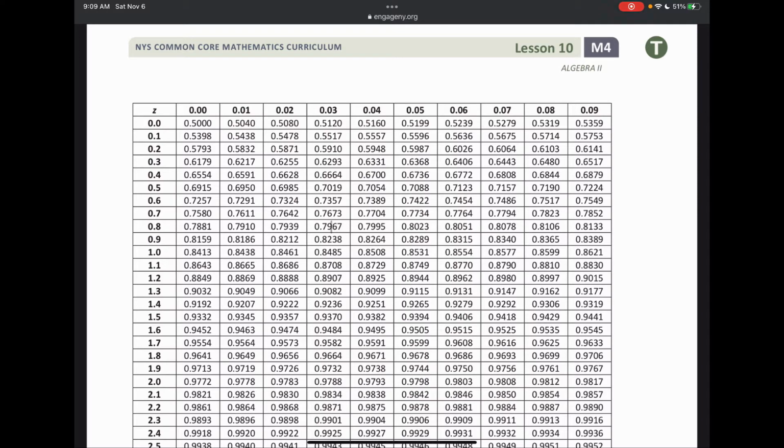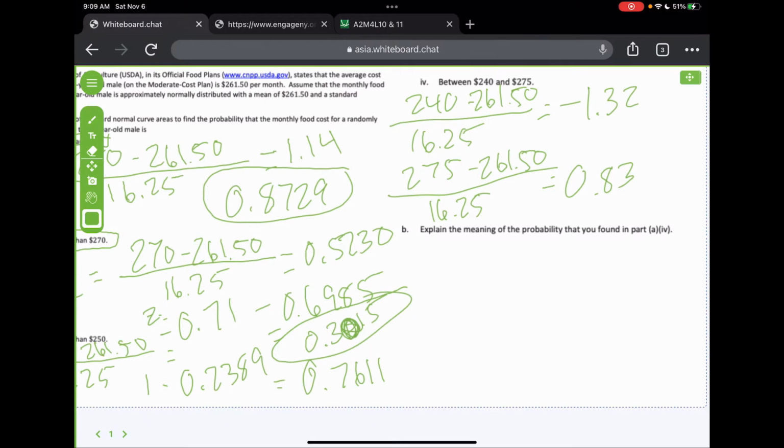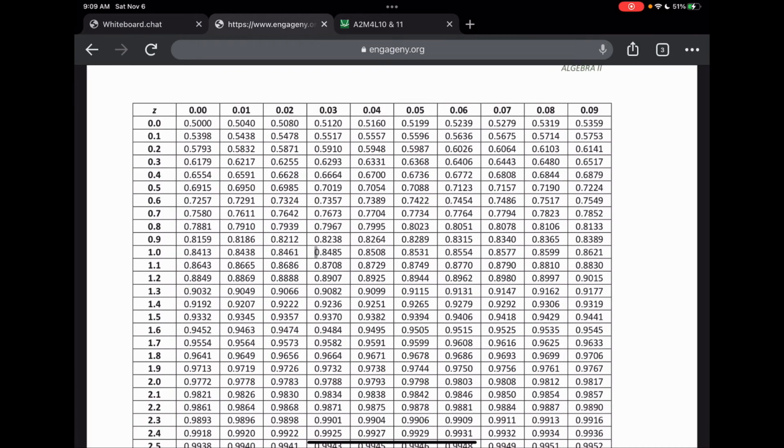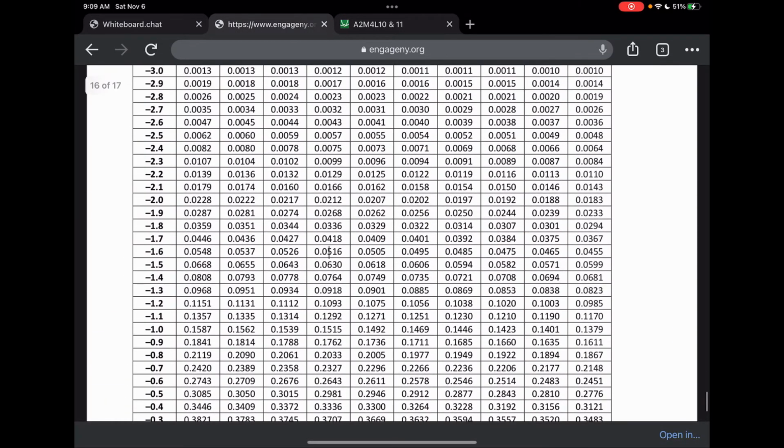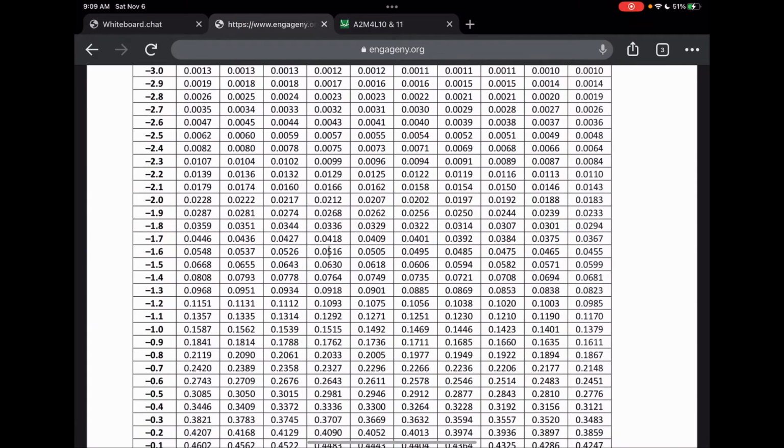So it is 0.7967. That's the probability. Now let's find the negative 1.32. Negative 1.32 should be 0.934.